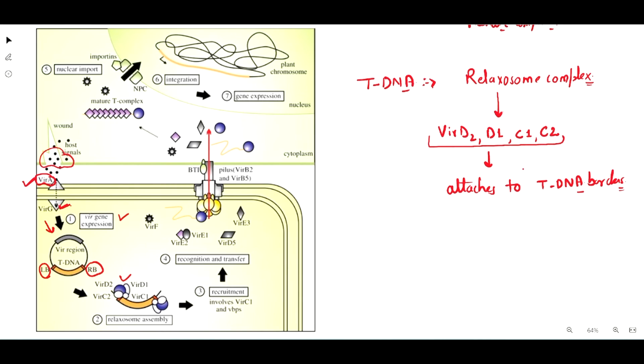Like this way. And they produce cuts in the tDNA at the border regions and lead to the linear single stranded tDNA production.